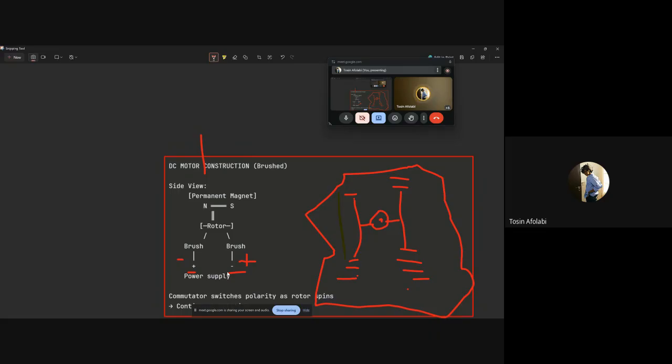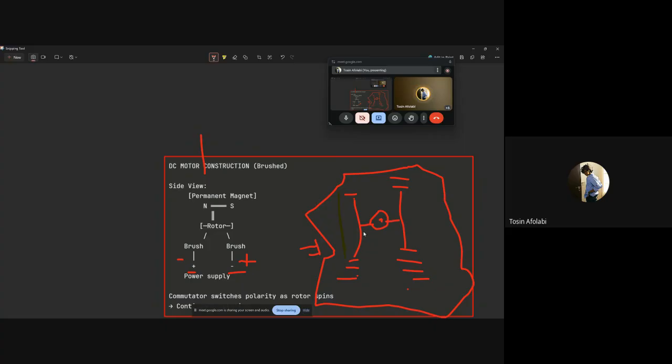Now, if we want the motor to move counterclockwise, we have to do the exact opposite: we have to reverse the polarity. That means this plus will connect to minus, and this minus will connect to plus. And because you can't do that using an Arduino pin, that's one of the reasons why we are using the H bridge.